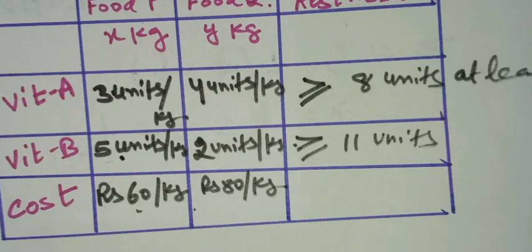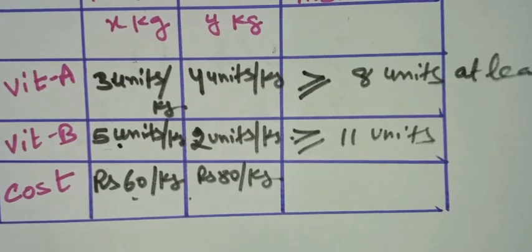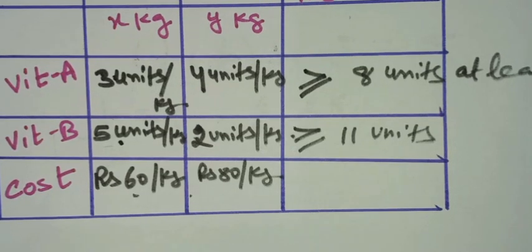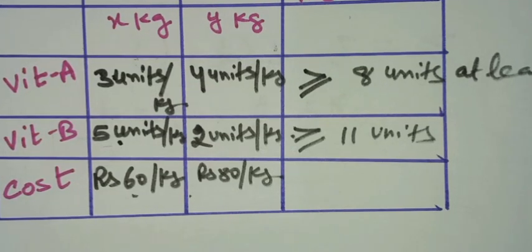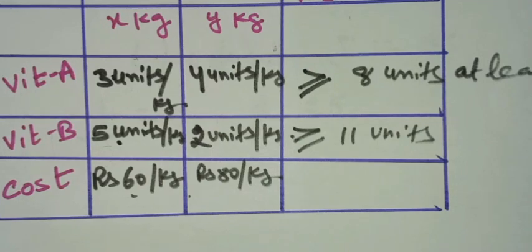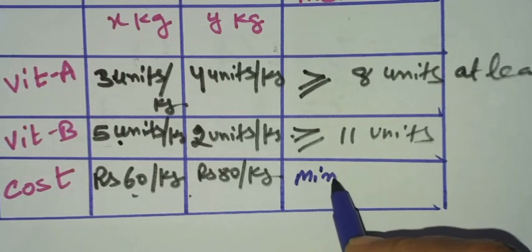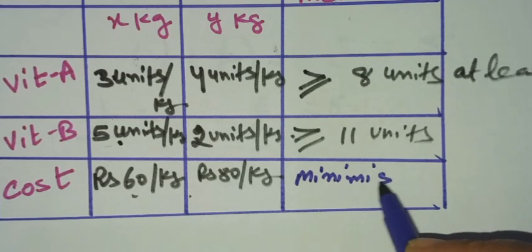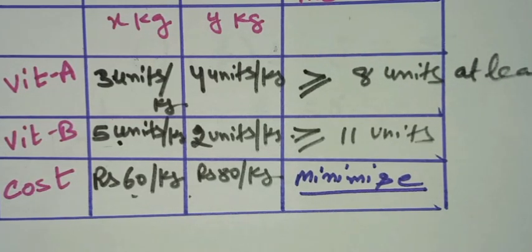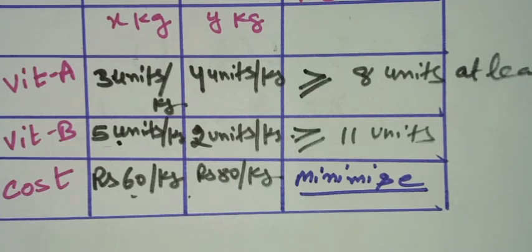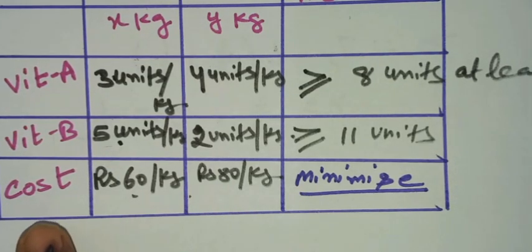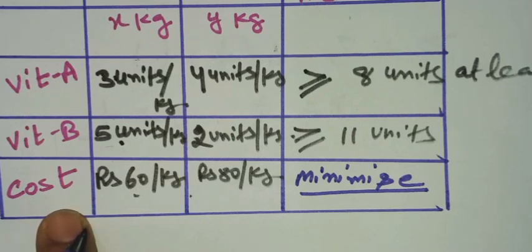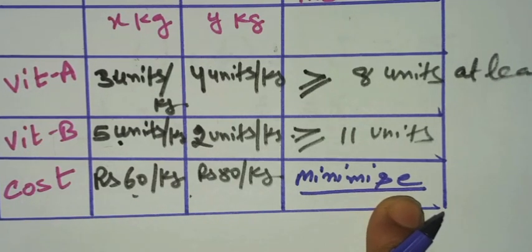To form the linear programming problem, the first thing you have to write is the objective function. As I explained earlier, the objective function is formed by the quantity that you have to maximize or minimize. In the question, the cost should be minimum, and as common sense, in every business or household the cost is always to be minimized and the profit is always to be maximized.